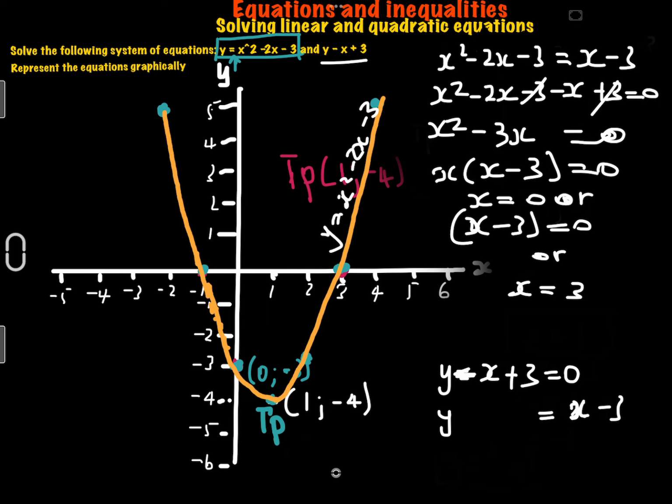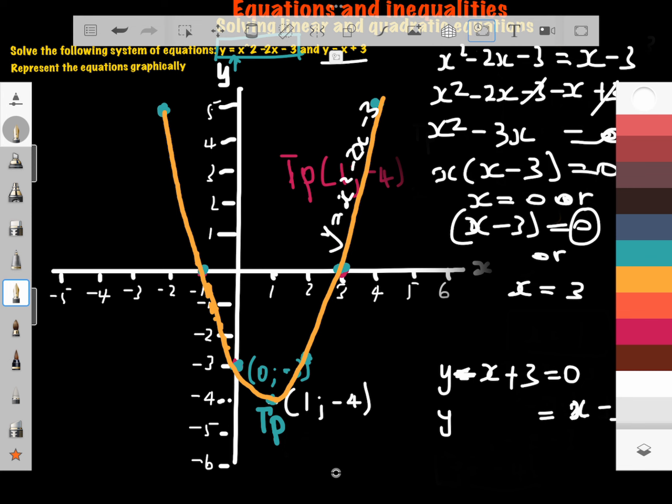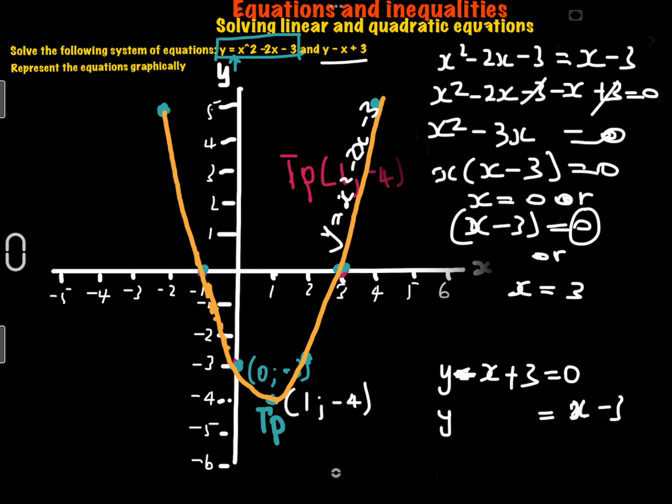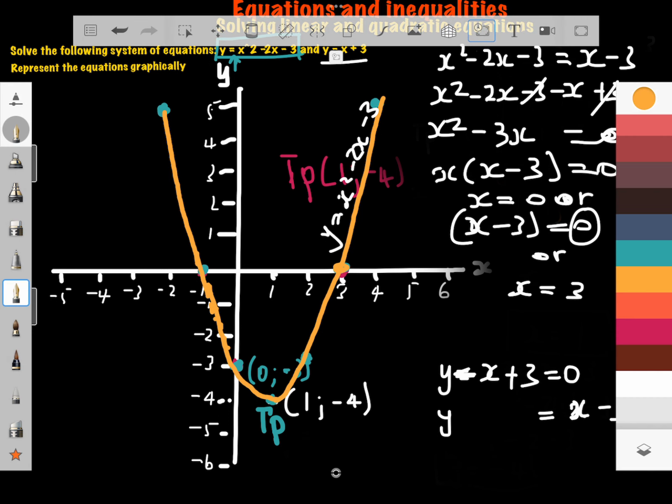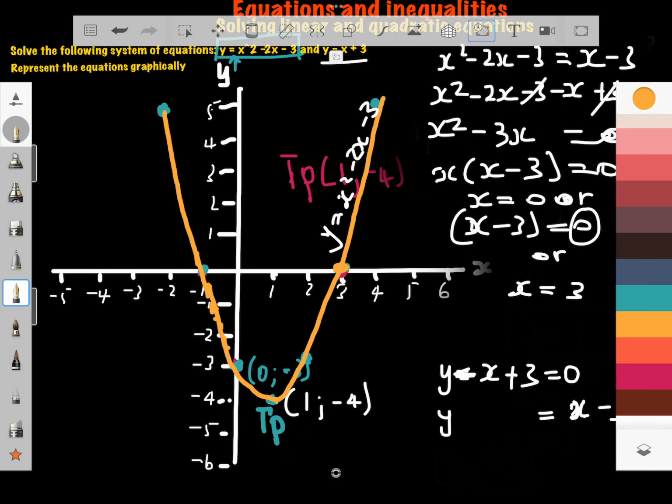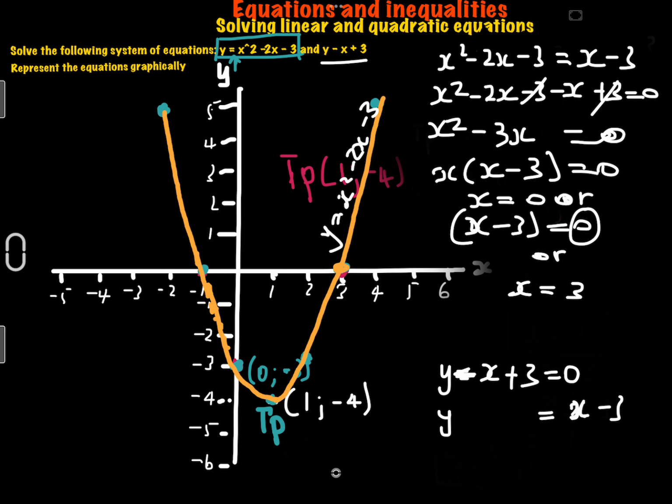So where x is equals to 3, that's what we want. When x is equals to 3, we know that y is equals to 0. So this is the point. Let me mark it with a different color. When x is equals to 3, y is equals to 0. So this is the point here.